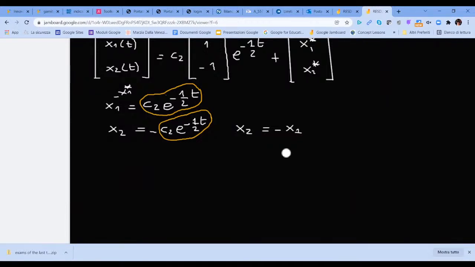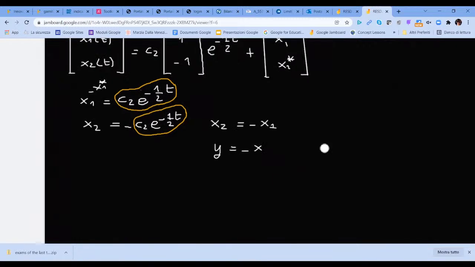If you see it as y and x, y equals minus x. And if you put everything together, you have y plus x equals 0.